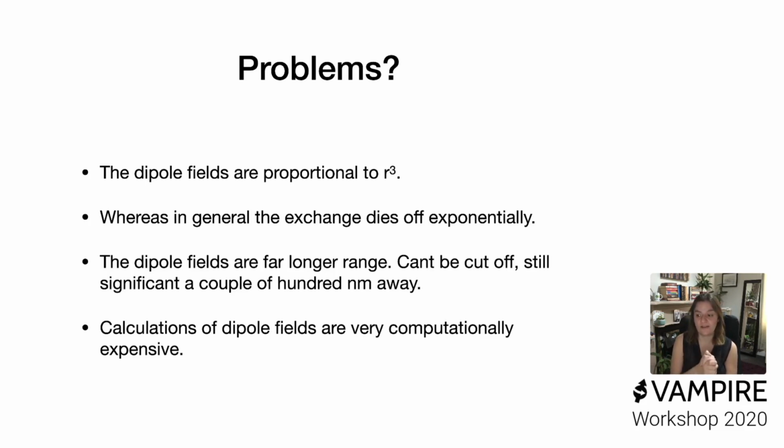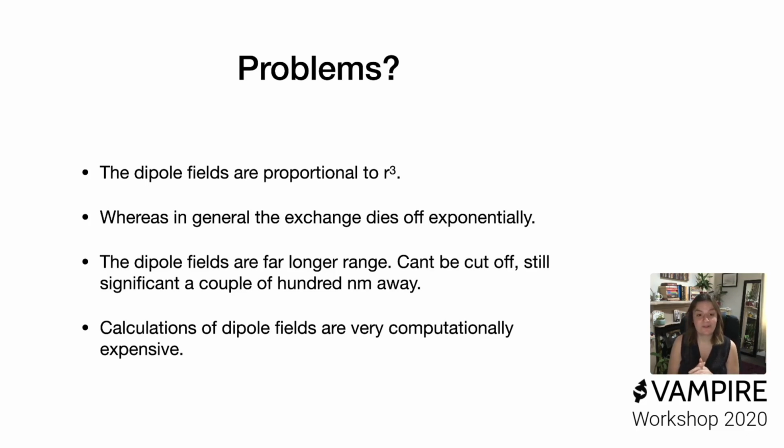So you cut off anything except for either nearest neighbours or next nearest neighbours, usually with the exchange Hamiltonian. However, dipole fields are proportional to 1 over r cubed. So this means that instead of dying off, the atoms that are far away are still very significant.